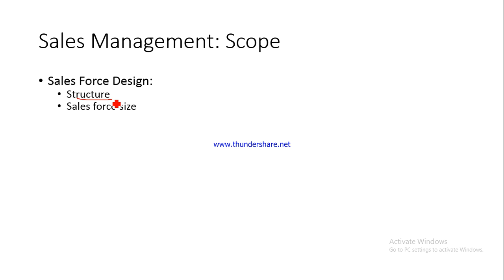Gypsy is one Maruti Suzuki brand which is purchased by the Indian Army also. For that they will have a separate set of sales force, a separate set of salespersons. They will only be dealing with the government. Then for retail customers like us, they can have a different set of salespersons. For the wholesale segment also, they can have a different set of salespersons. So this is what structure is all about, and we'll be talking about this in more detail in the next unit.